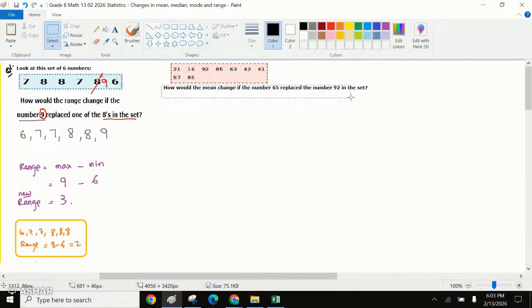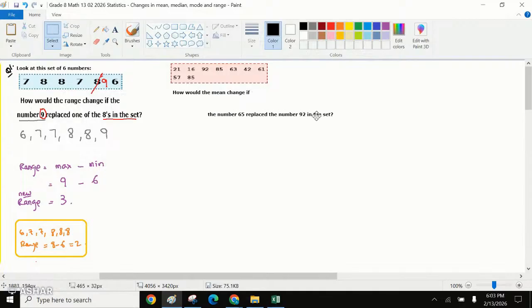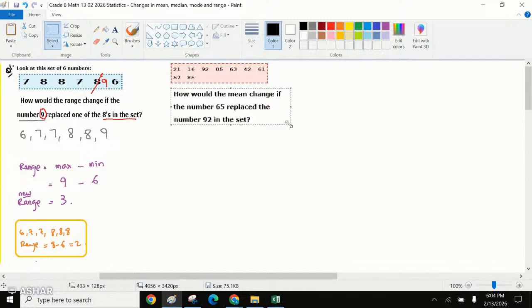How would the mean change if the number 65 is replaced by the number 92? If we are replacing with a greater number, then the average will increase. For question number 2, there are total 9 numbers. How do we find the mean? Number 65. Where is 65?